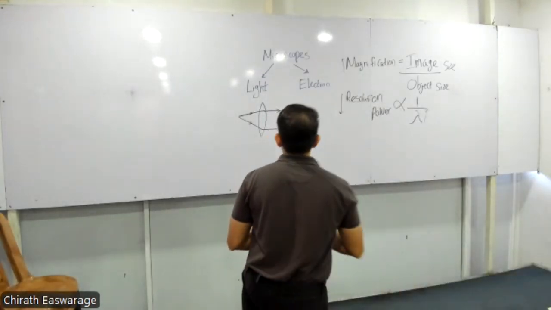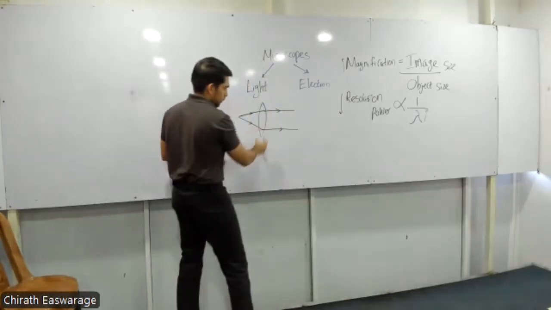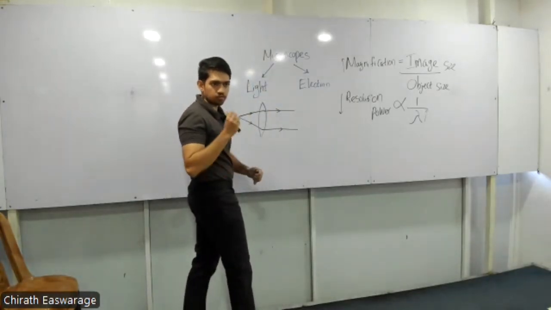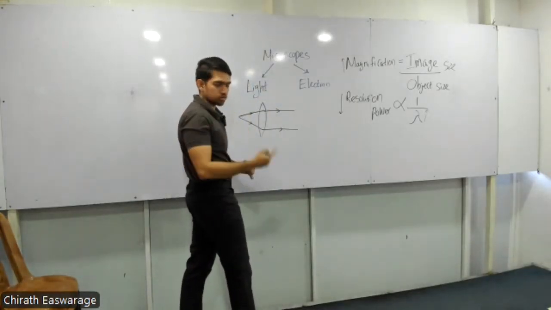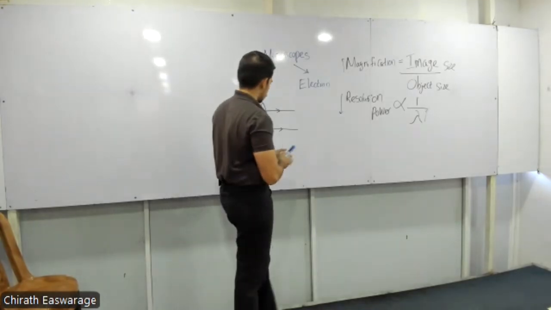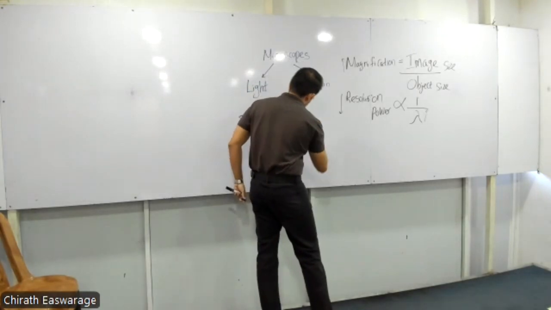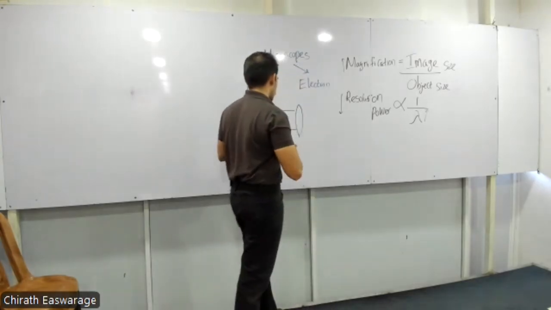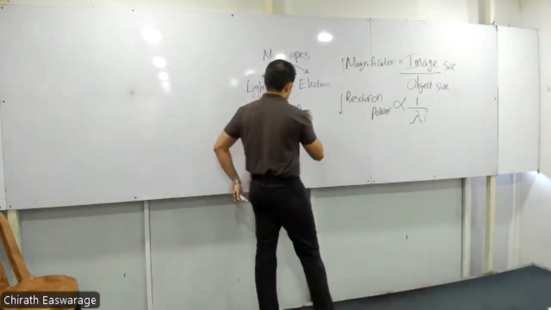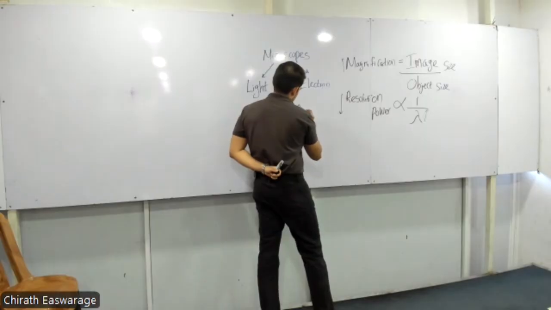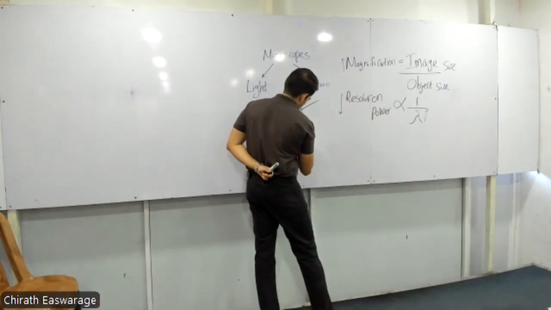If we take this lens as your first lens, what is the first lens? The light passes first through what? Objective lens. Light passes for the second time through another lens that we call what? The eyepiece, right? So it is going to further magnify it like this.